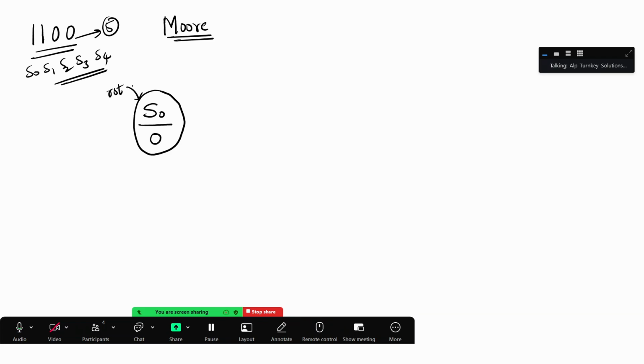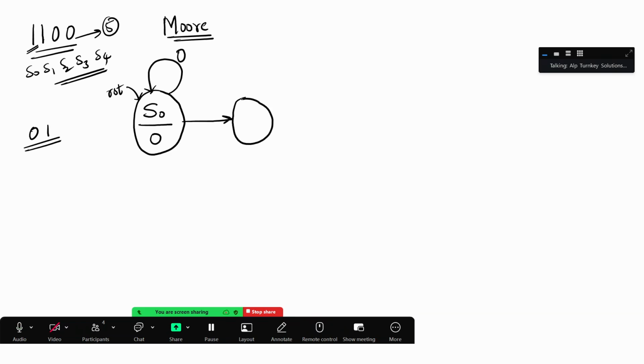When you reset the circuit, it will come to S0. So I am checking for what? 0 or 1. If it is 0, where will it go? If it is 1, where will it go? If it is 0, it will stay in the same state. If it is 1, it will go to the next state. Why? Because I got the sequence.